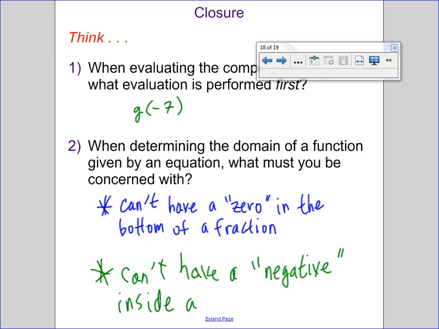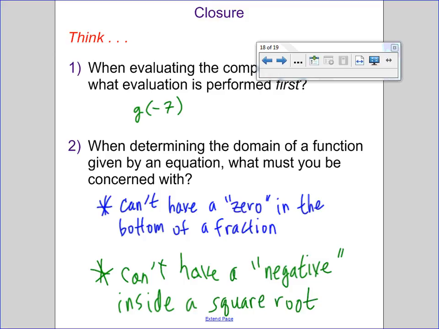And it turns out we can't have a negative inside of an even root when we're talking about the domain for real numbers. We can't have it inside any even root, but for now we'll just say square root because we haven't dealt with any other roots like fourth roots or sixth roots or eighth roots. Inside a square root will be good for today's closure.